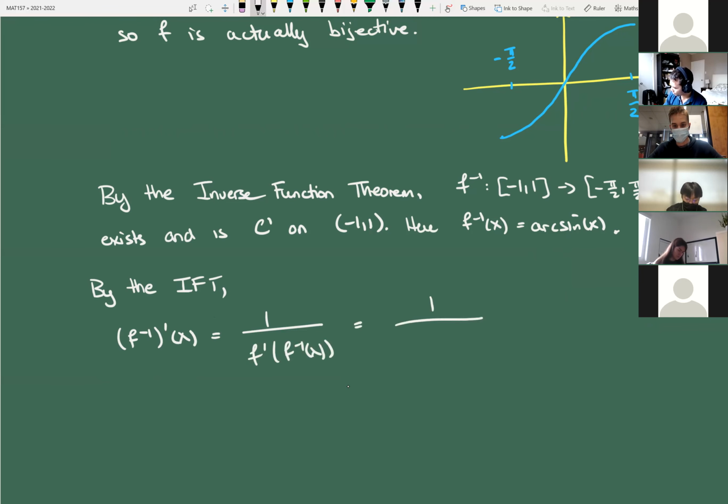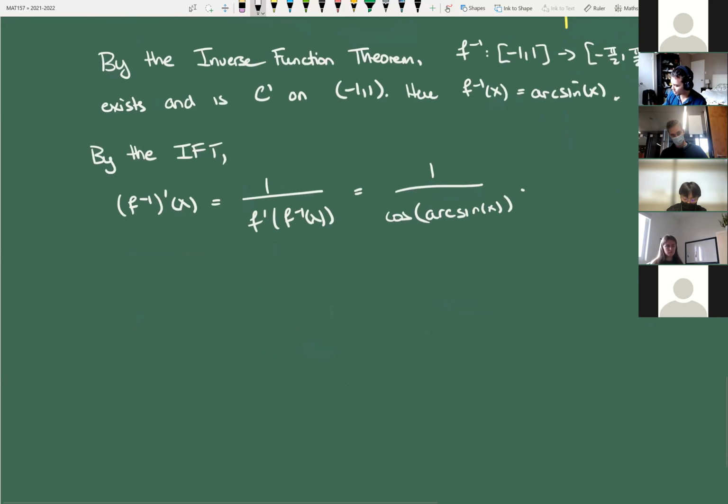So this is going to be 1 over cosine of arcsine of x. Okay? This is gross. You don't leave it as cosine of arcsine of x because this is useless to you, because you don't know how cosine acts on arcsine.